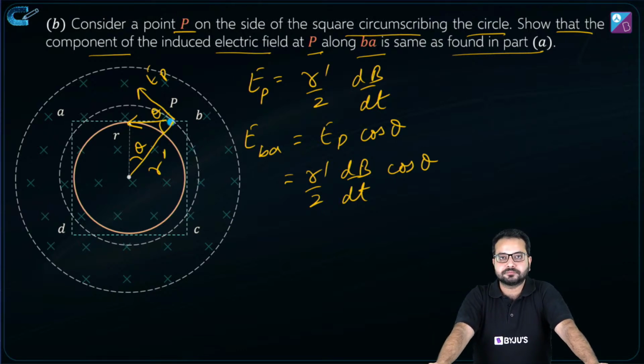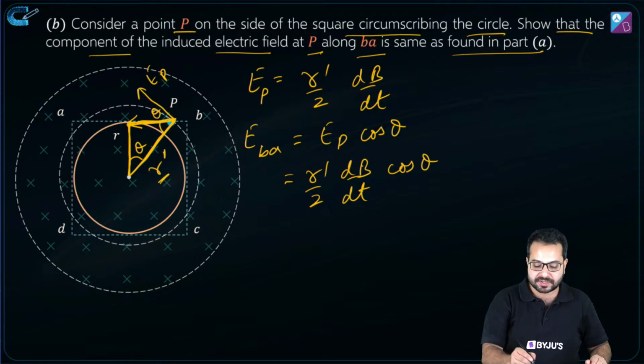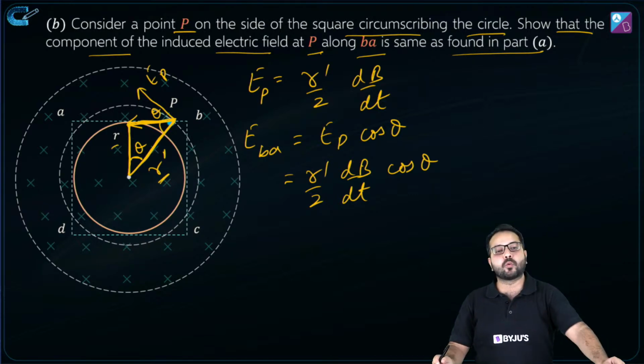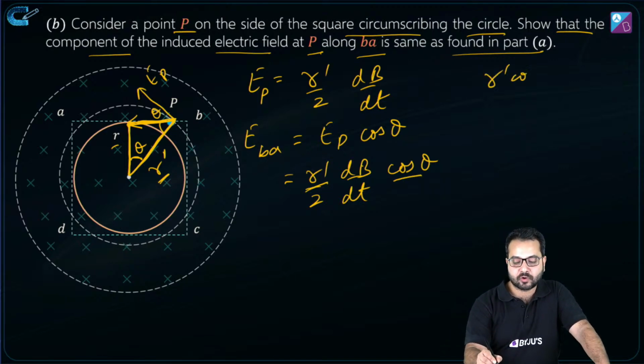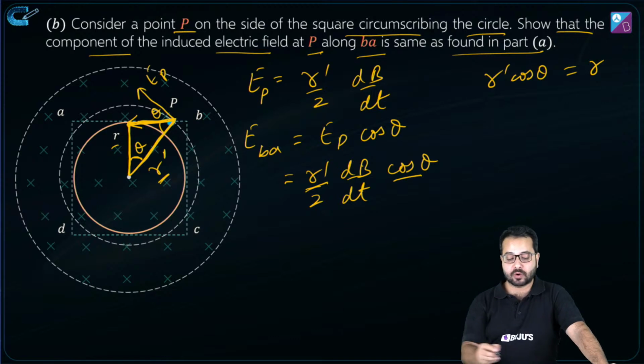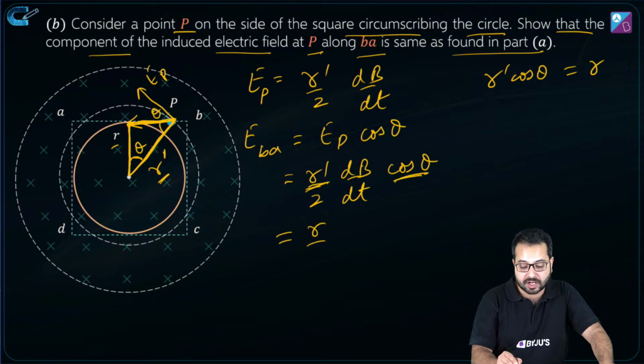Any problem? Perfect. Now I want you to look at this triangle. The hypotenuse is r prime, this angle is theta, and this side is r. So what is r prime cos theta? Isn't r prime cos theta equal to r? From that triangle, r prime cos theta is equal to r, so I can replace it by r. So this becomes r by 2 dB by dt.